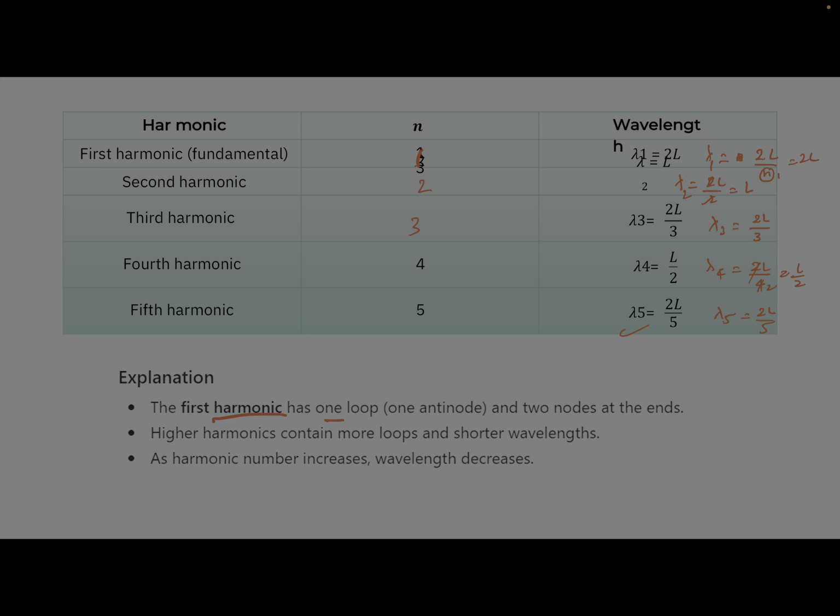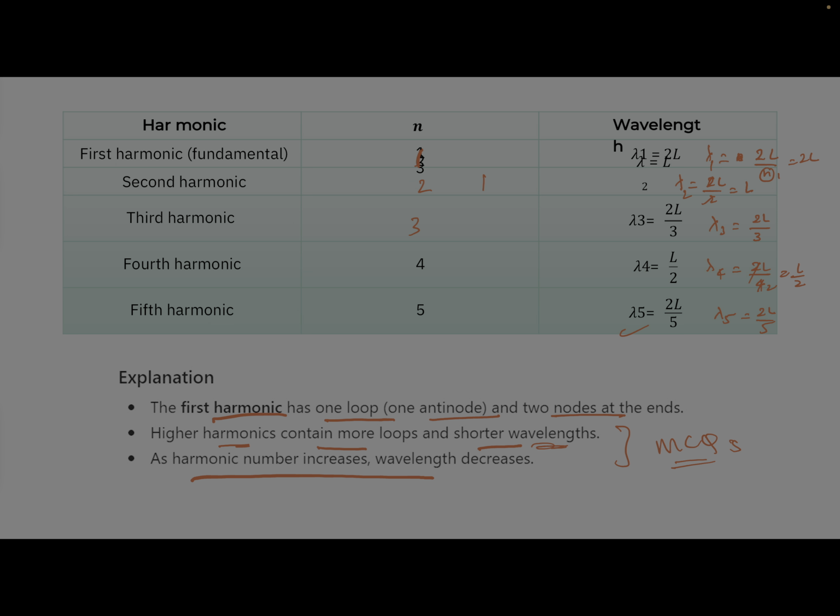So the first harmonic has 1 loop, 1 antinode, 2 nodes. Higher harmonics contain more loops and shorter wavelengths. As the harmonic number increases, wavelength decreases. These are the points required for MCQs, because in MCQs they may ask what the effect on wavelength will be if the harmonics become higher. The wavelength will become shorter.